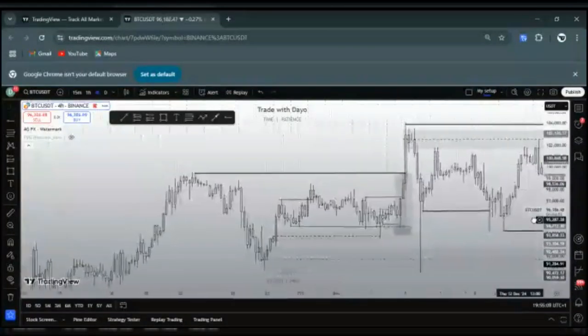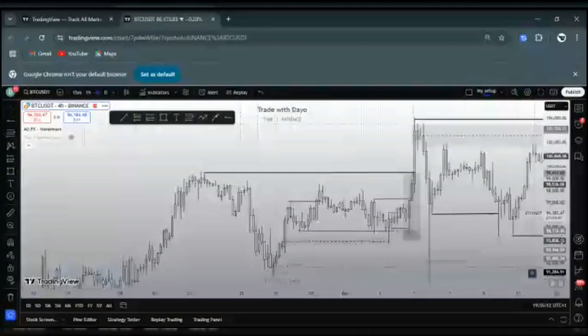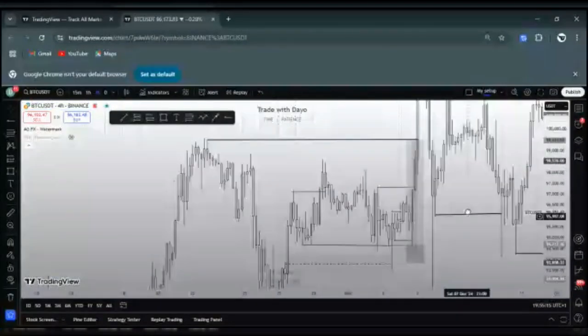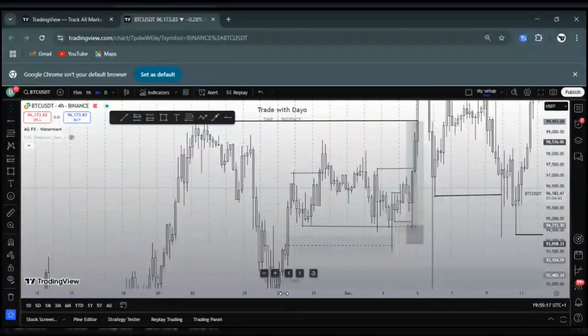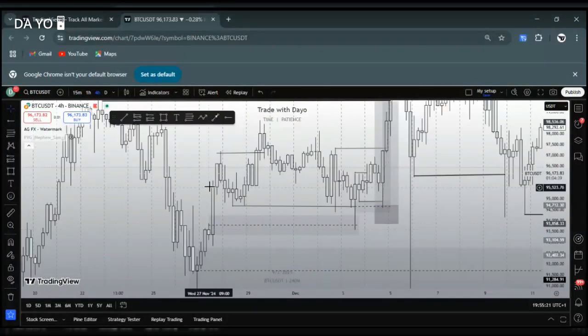All right. So on our 4 hours, the market structure in fact changed character on the lower time frame, something like this.